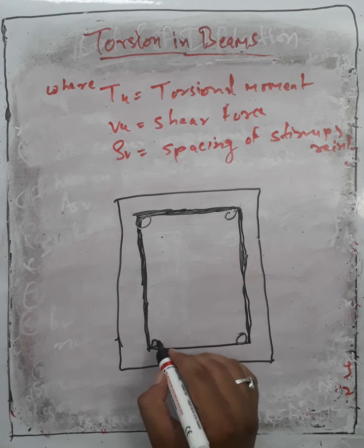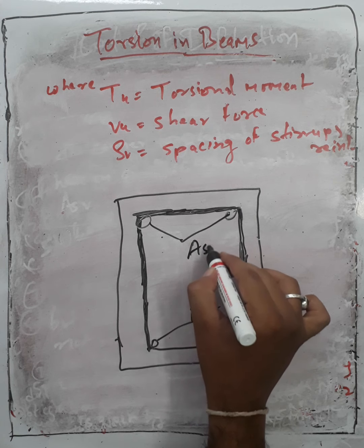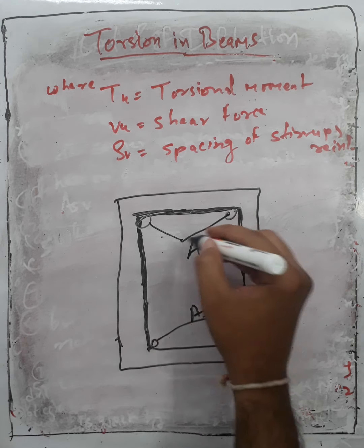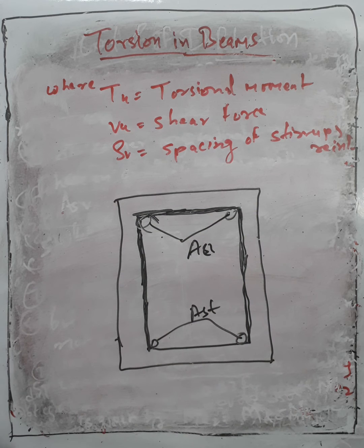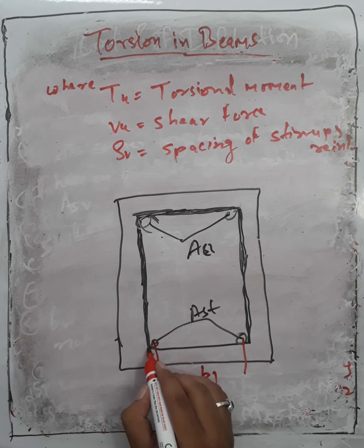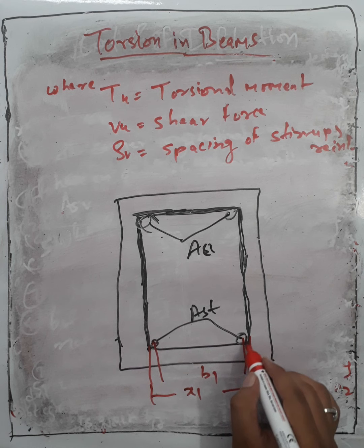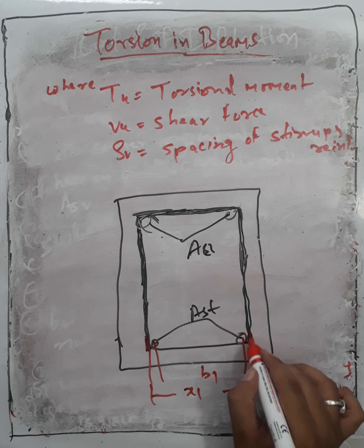This is our reinforcement, which we call AST, and this we call AC, area of concrete. Now this part we call B1, and this part we call X1.